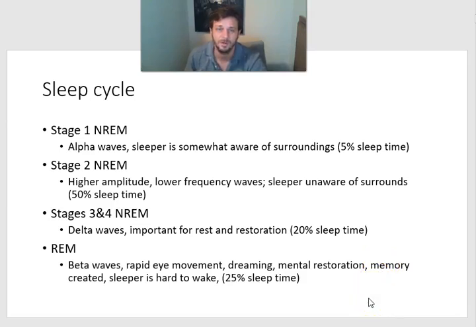During REM sleep, studies have been done, and basically your mind is playing back things that happened that day, and it helps you to form memories. That happens during REM sleep. Typically, the sleeper is very hard to wake up, and you spend about 20 to 25% of your time in REM sleep.